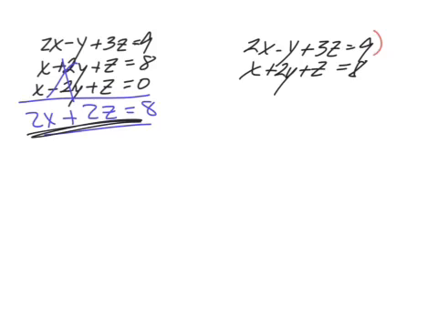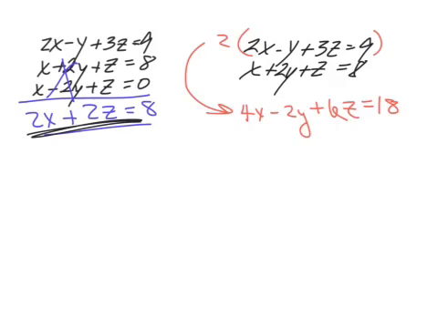So I need to multiply the top by 2 so that this becomes a negative 2y, and I can add these and get 0. So let's put this right here. 4x minus 2y plus 6z equals 18. And I'm just going to rewrite the bottom.